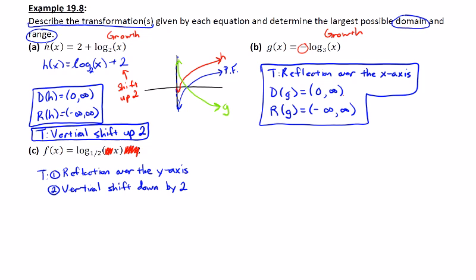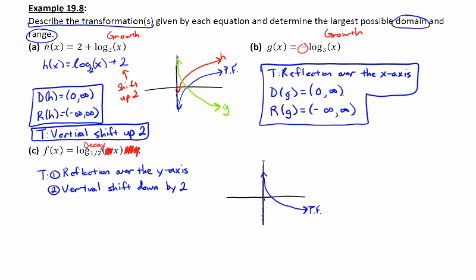We're talking about a decay function now, not a growth function. I want to give a picture of this so we understand what's going to be happening transformation-wise. My generic decay function for logarithm looks like this. Vertical asymptote still right on top of the y-axis. That's our decay parent function.